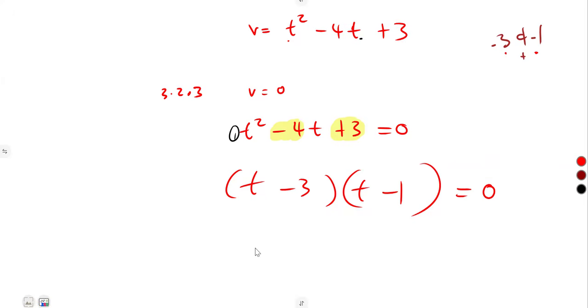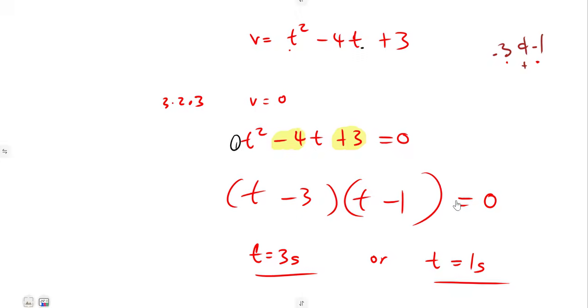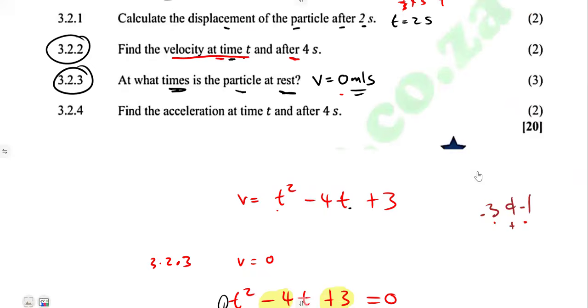Solving for t, this one to the other side is positive 3, or t is equal to positive 1. So these are the times. t is supposed to be 3 seconds, or 1 second, for us to have velocity being equal to 0 at rest. Use velocity, not displacement. All right, correct on that part, guys.